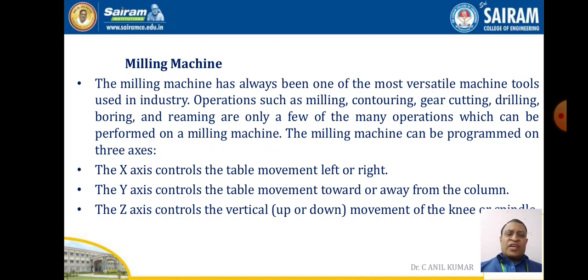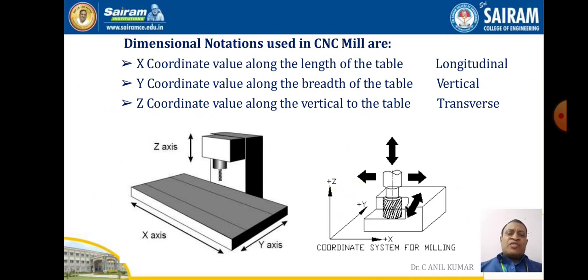Now the XYZ is represented either with respect to the machine tool itself, or with respect to the workpiece and the tool. For the tool movement with respect to the workpiece, if the tool is moving to the right side from the origin, we consider the x direction as positive. If it is moving towards the left side from the origin, we consider the x direction as negative.